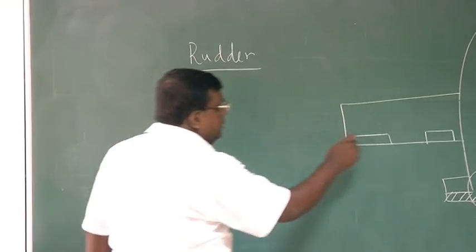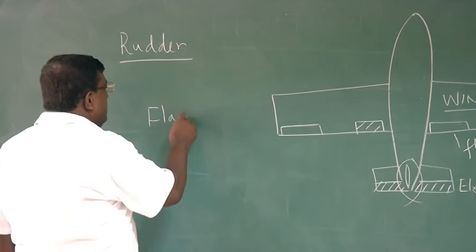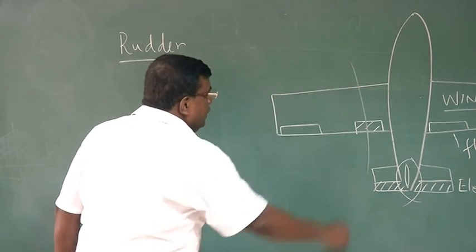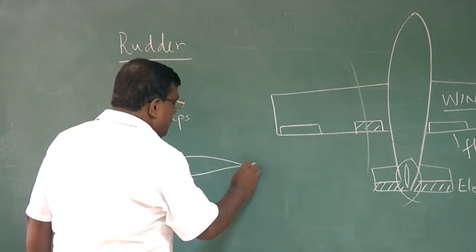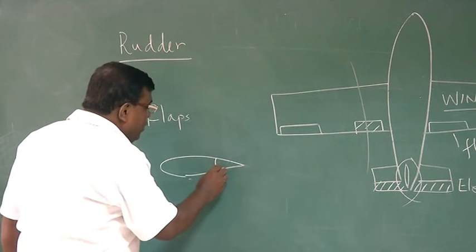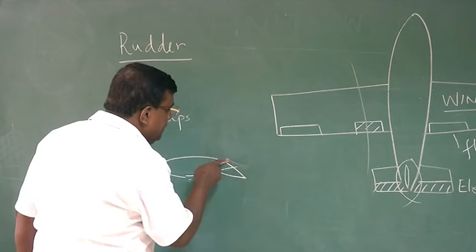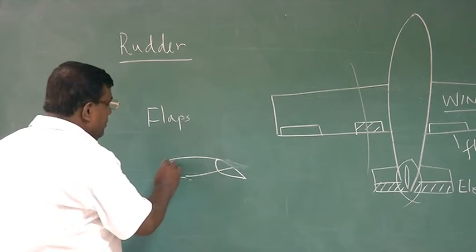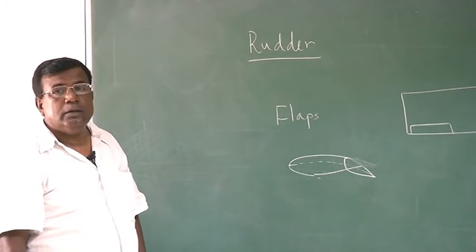Then comes here the flaps. If I take a cross section here, it also has an aerofoil, right? And this is the flap, let's say I am drawing here. As I am putting the flap down, what is happening? The whole camber of this section has increased, right?